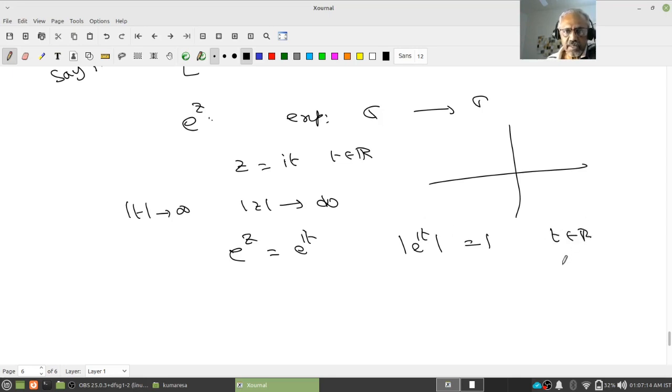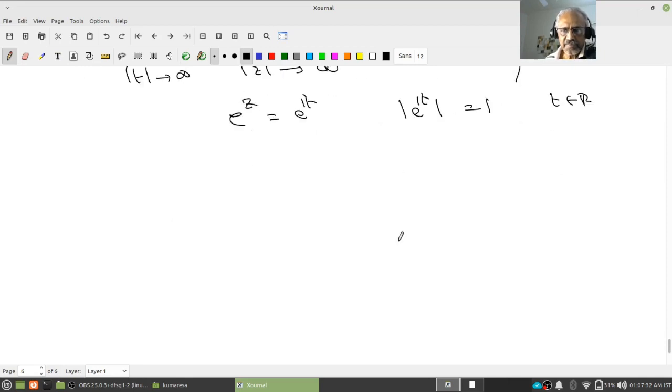You understand? So here, even though z goes to infinity, f of z does not go to infinity. Please understand this.